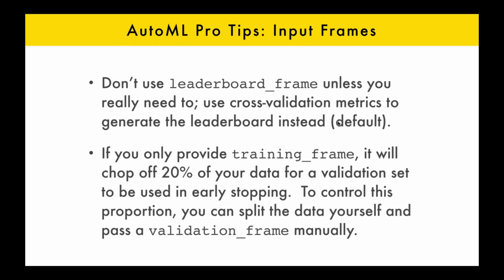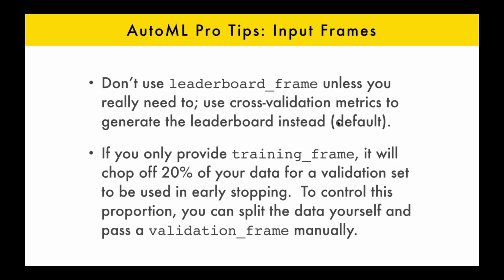We have a training frame, a validation frame, and then a third frame that you could pass along that we call the leaderboard frame. You might be tempted to use that, but unless you really need to, I wouldn't recommend it, because it means you're using some of your data just to score the leaderboard.